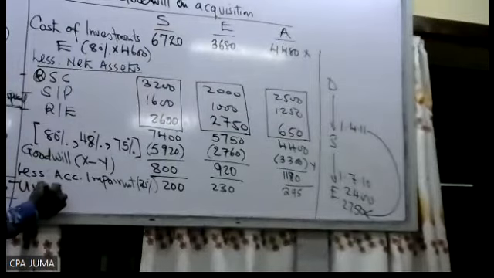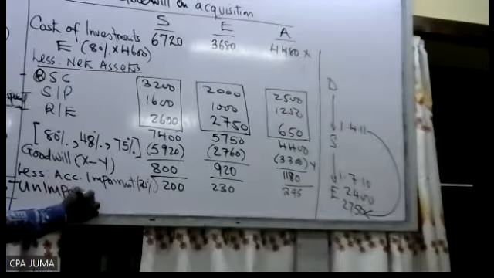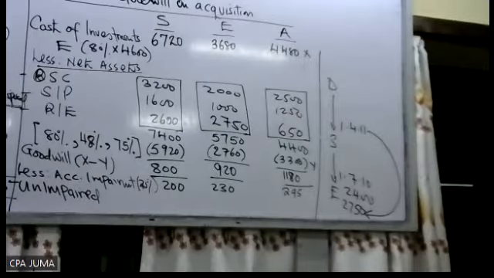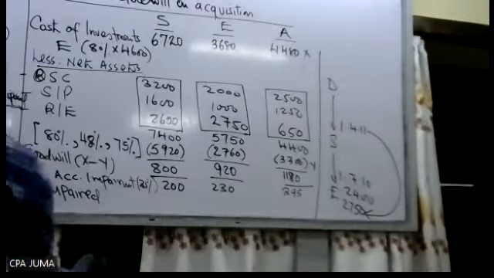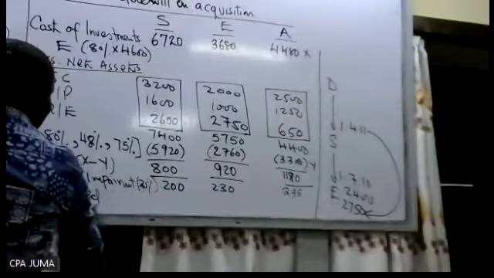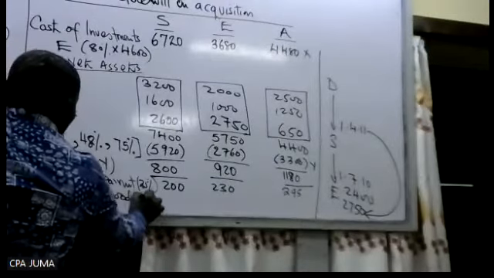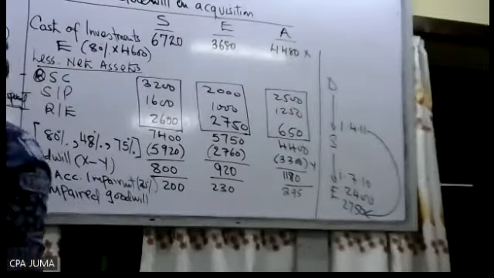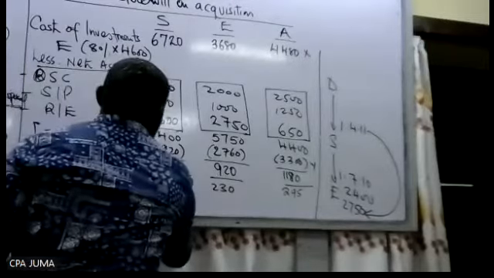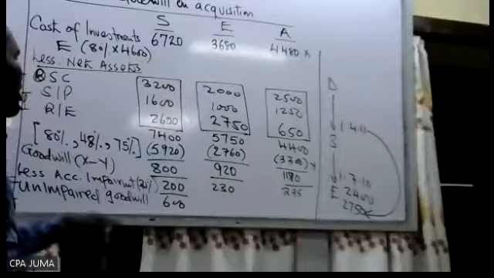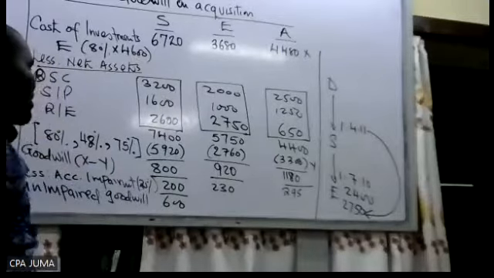Unimpaired goodwill is goodwill which has not suffered impairment. So you take the goodwill minus impairment.